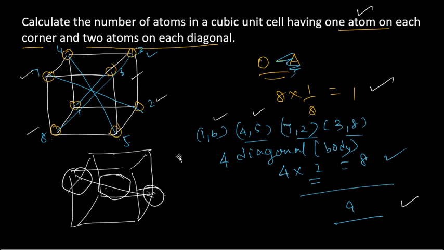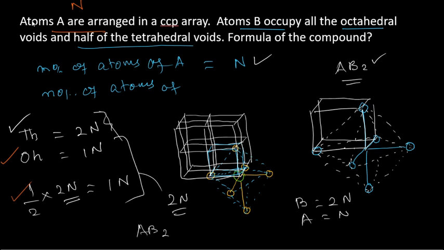Then, atoms A are arranged in a CCP array. So let us put n atoms. Atoms B occupy all the octahedral positions. So octahedral position we know is 1 n. And half of the tetrahedral voids.